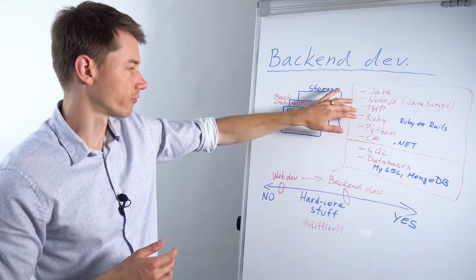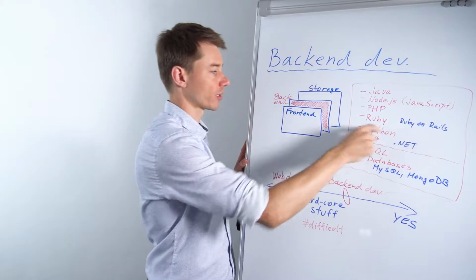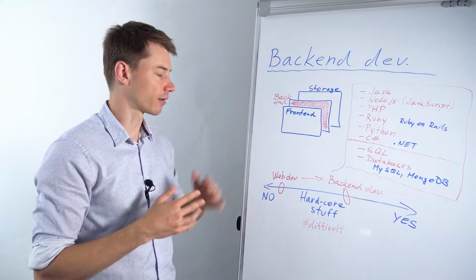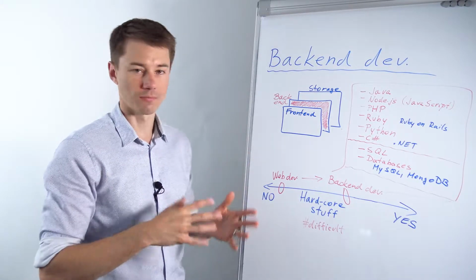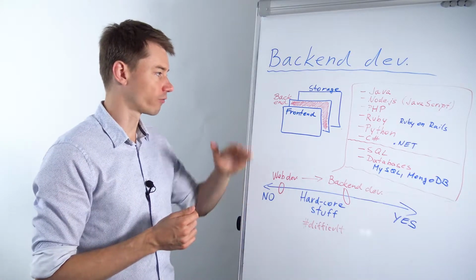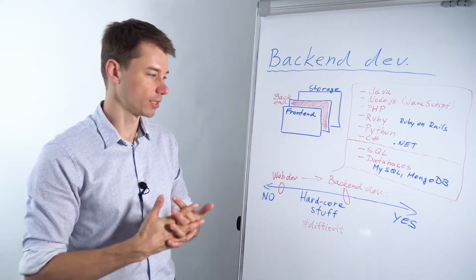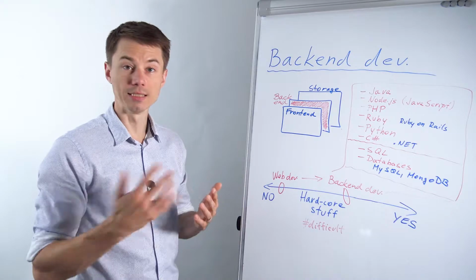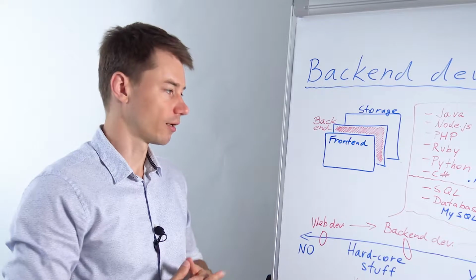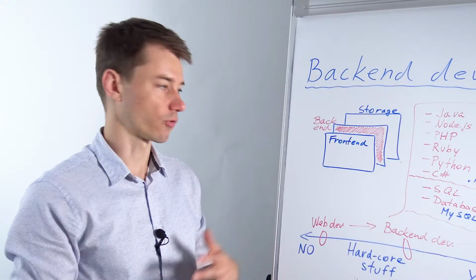PHP, another very famous language. Ruby, with the framework Ruby on Rails, is popular, especially in South America. They love it over there. Not as popular in Europe, from what I can see. However, Ruby is also great for starters, an easy language for fresh developers to start with. Python is getting even more popular these days, since it's also used for data science and data engineering.